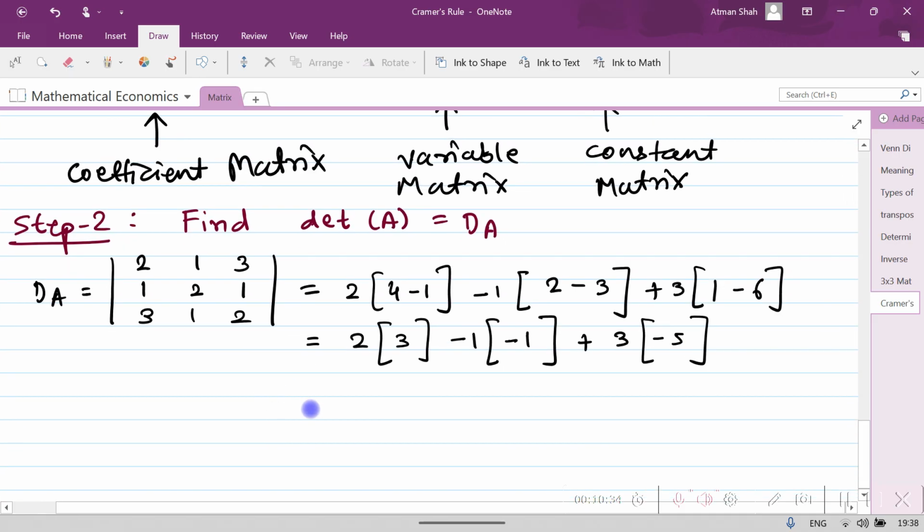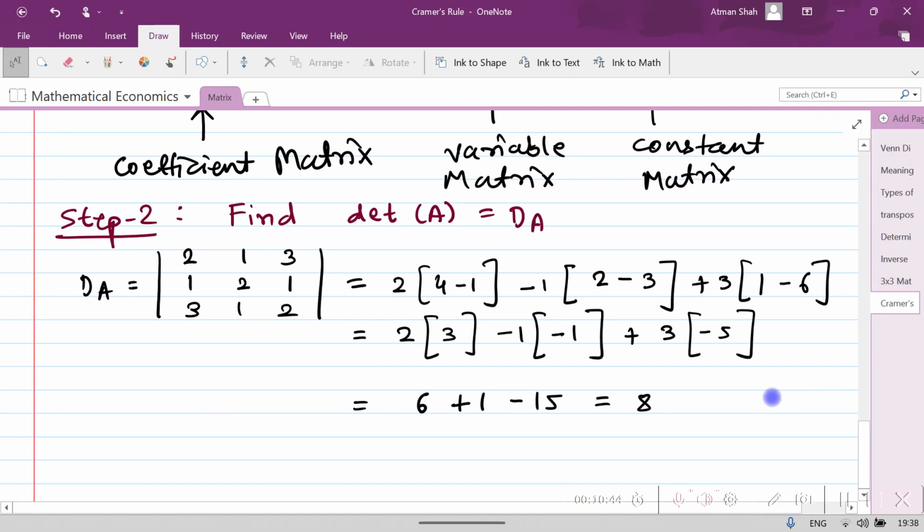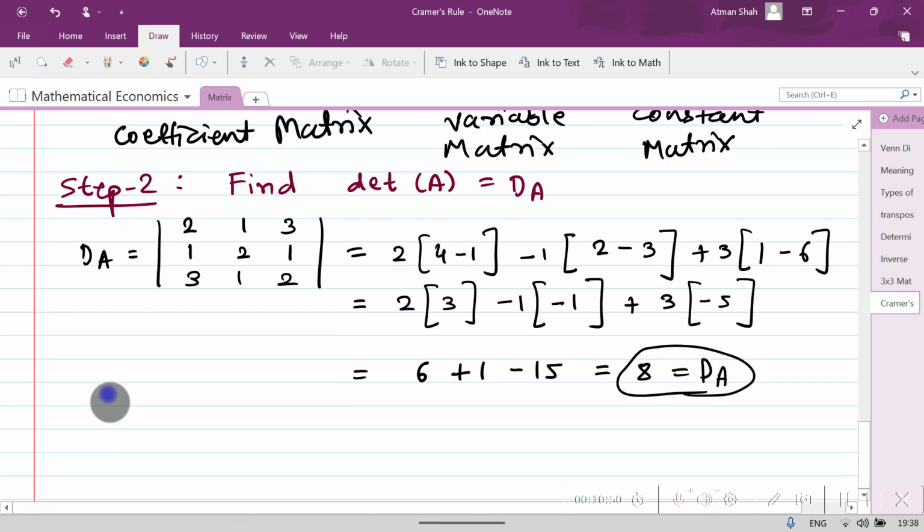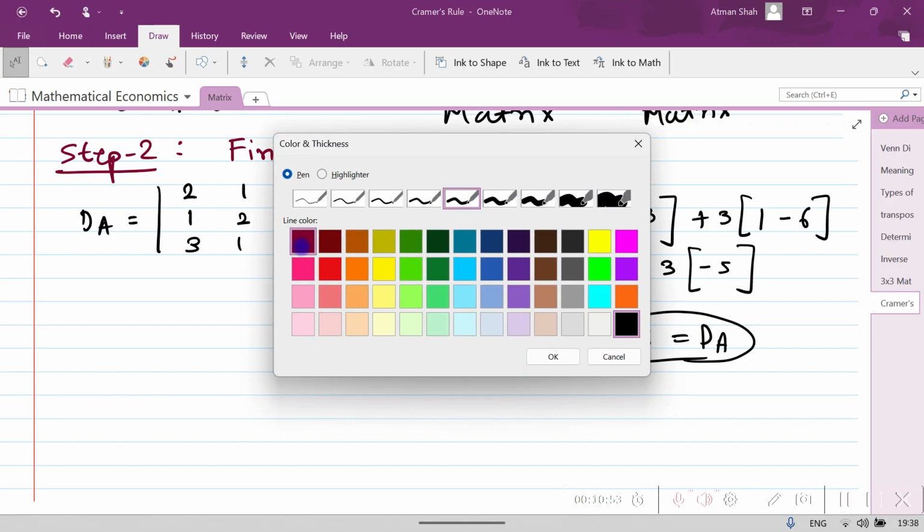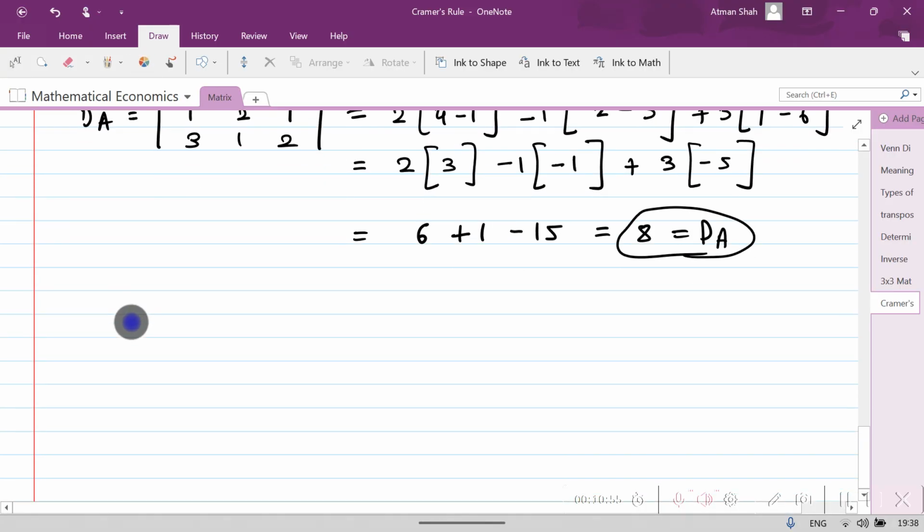So therefore this is equal to 6 plus 1 minus 15, which is equal to 8. So dA is equal to 8. This is dA. Now step 3.